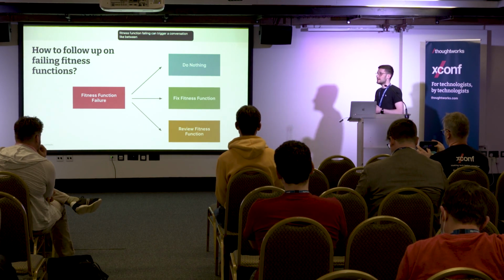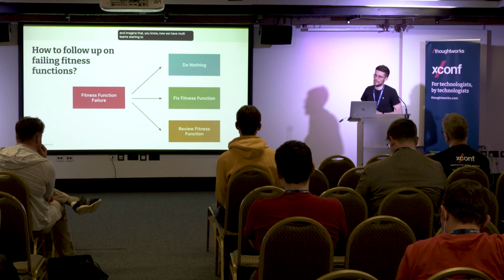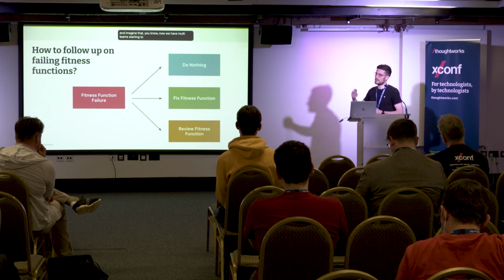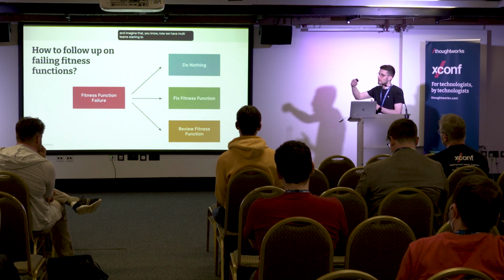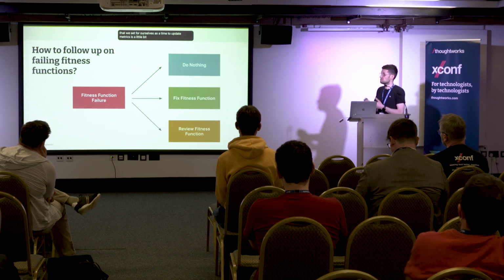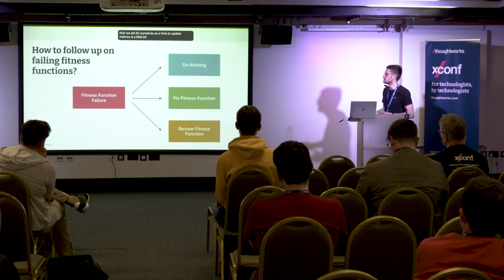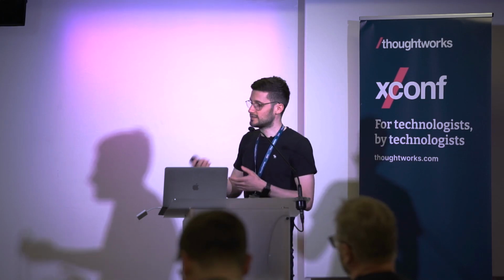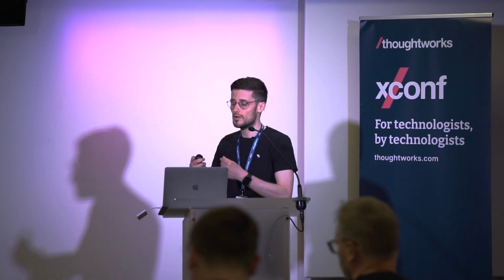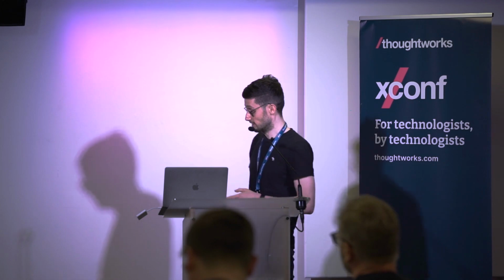Perhaps the 30 days that we set for ourselves as the time to update metric is a little bit too ambitious, and the fitness function just needs to be adjusted and be a little bit more flexible. Anyway, in all scenarios, a failing fitness function gives you an opportunity to proactively, consciously steer the direction of your technical system where you want it to go.